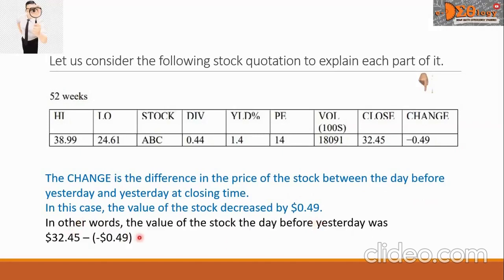In other words, the value of the stock the day before yesterday was the 32.45 minus the change value, that is negative $0.49. So negative and negative becomes positive, and the sum will give us $32.94. This is the price of the stock the day before yesterday.